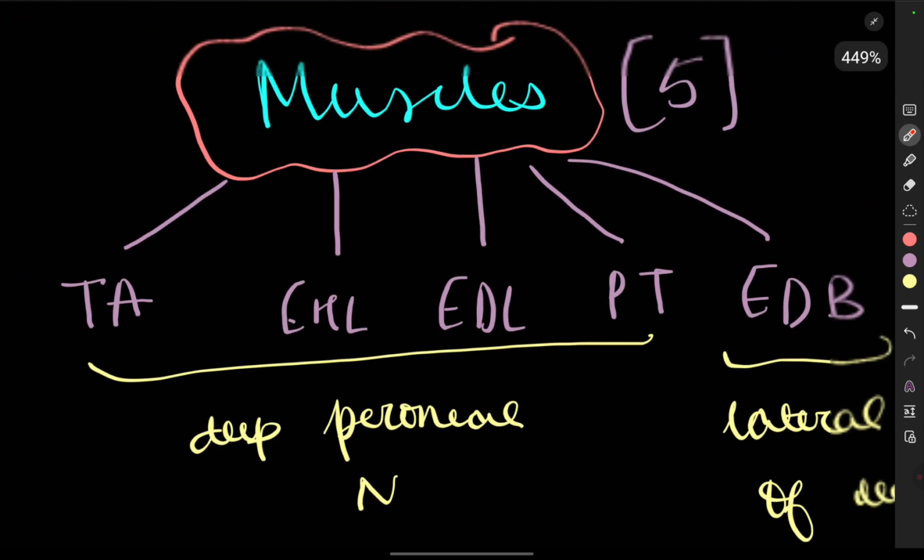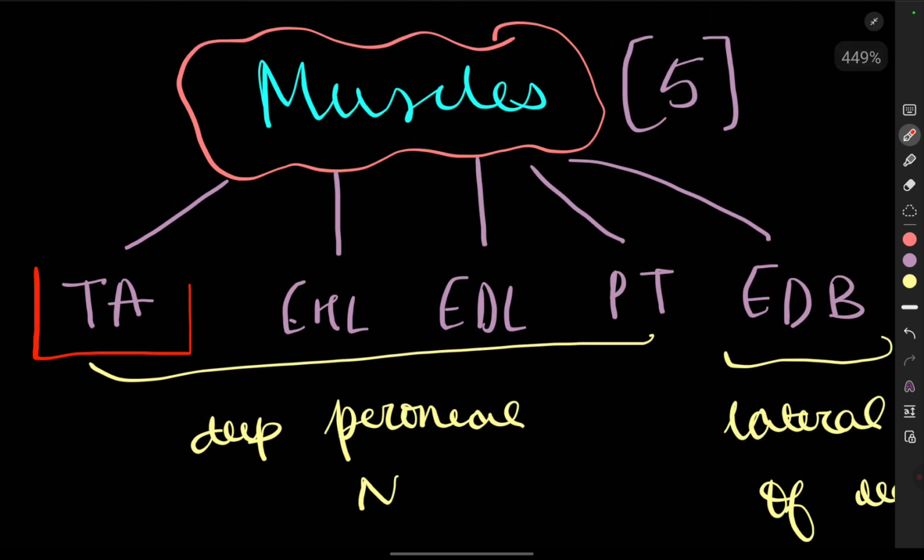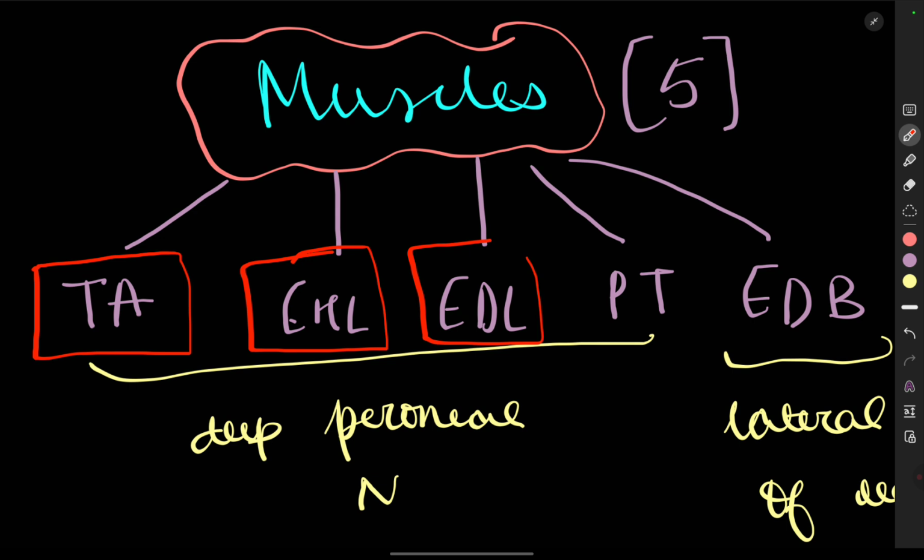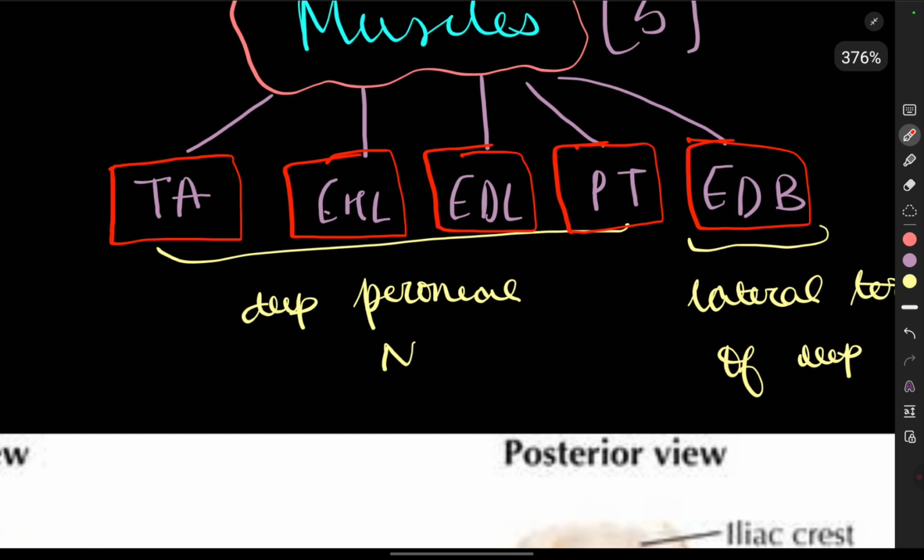So the muscles we have are tibialis anterior, extensor hallucis longus, extensor digitorum longus, peroneus tertius, and extensor digitorum brevis. These are the 5 muscles, and they are supplied by the deep peroneal nerve.